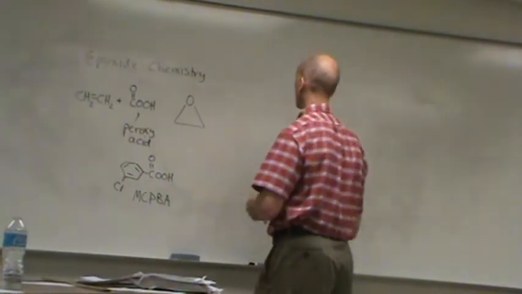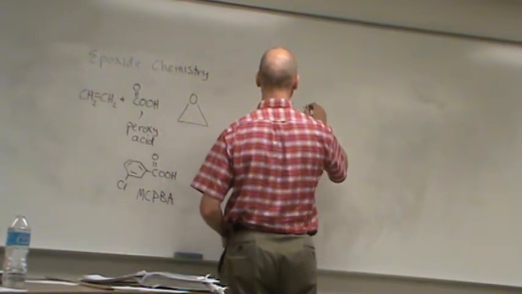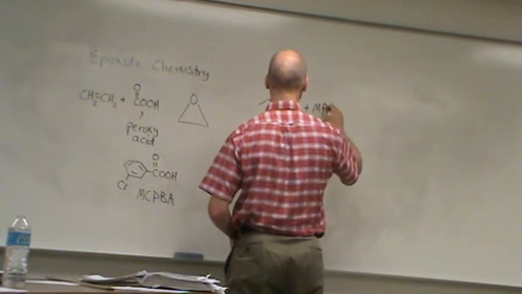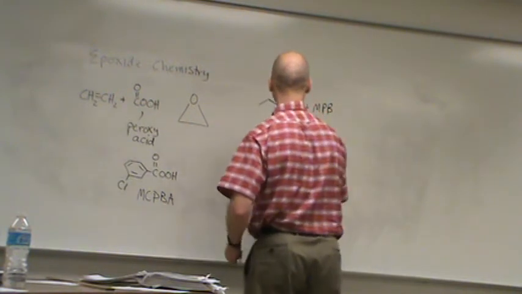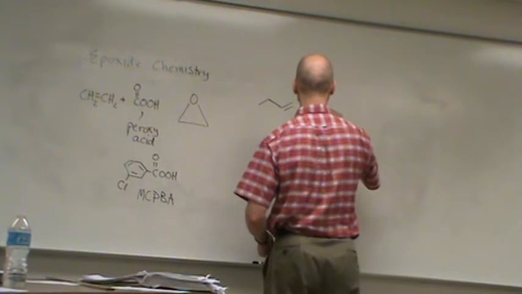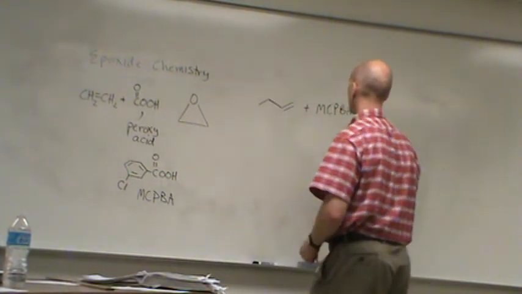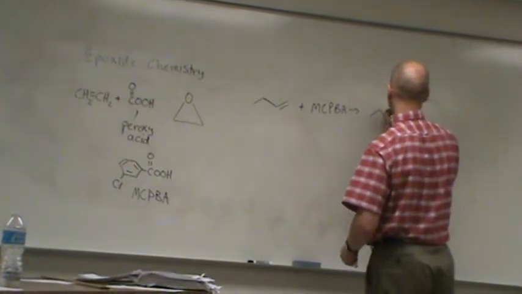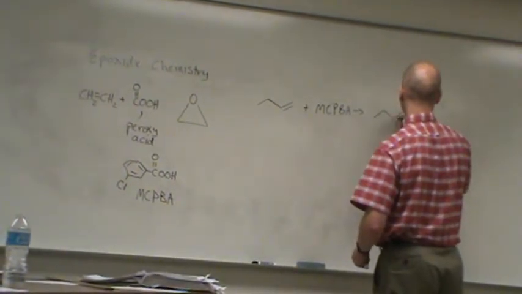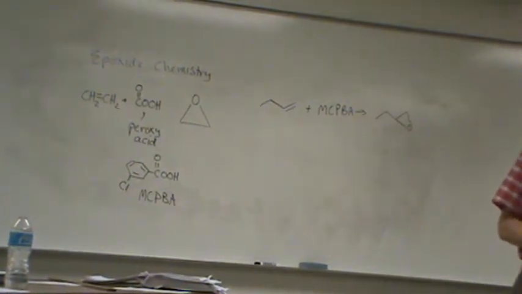So some examples of making epoxides with peroxy acids. Okay, so anytime you see the use of MCPBA, it puts the epoxide where the double bond was.